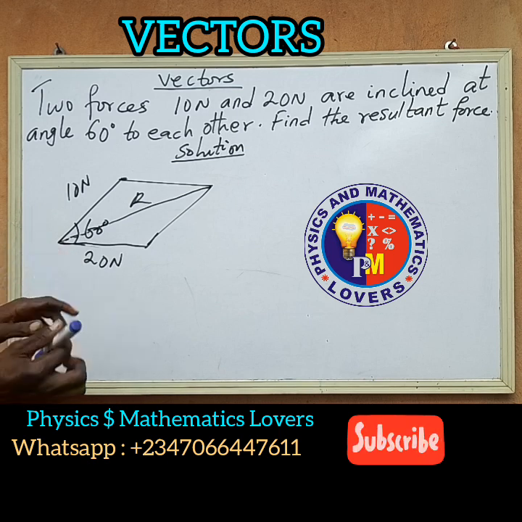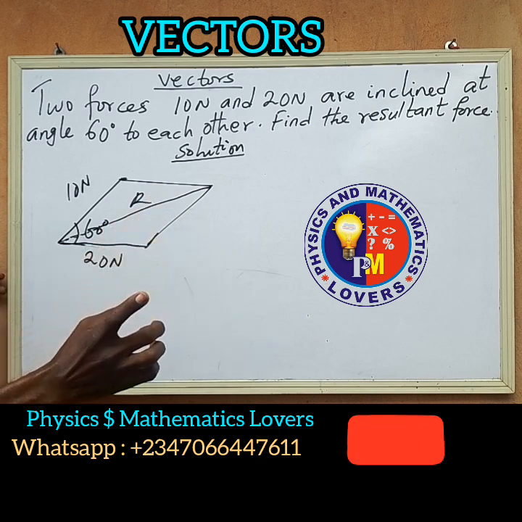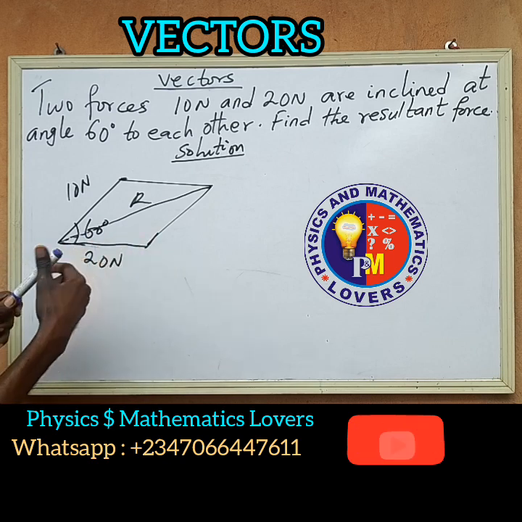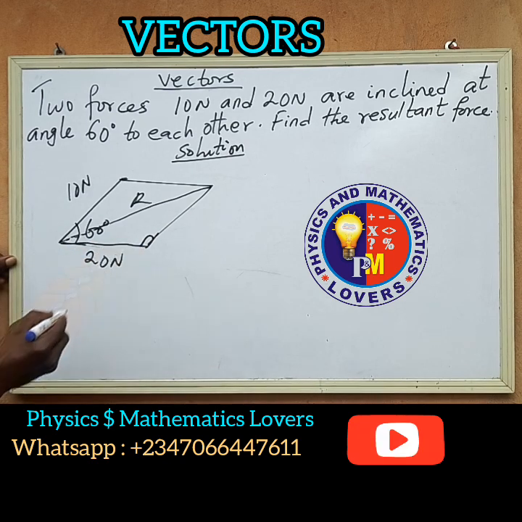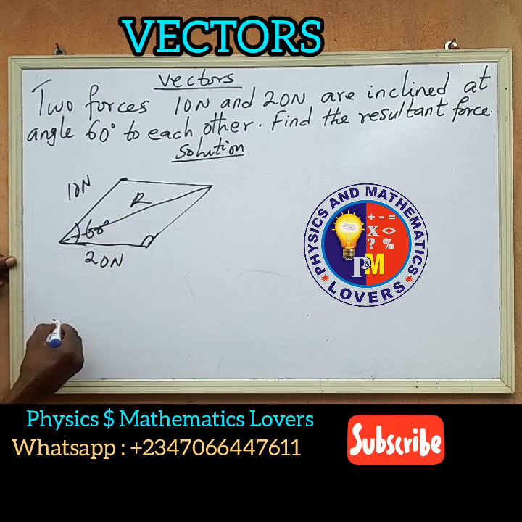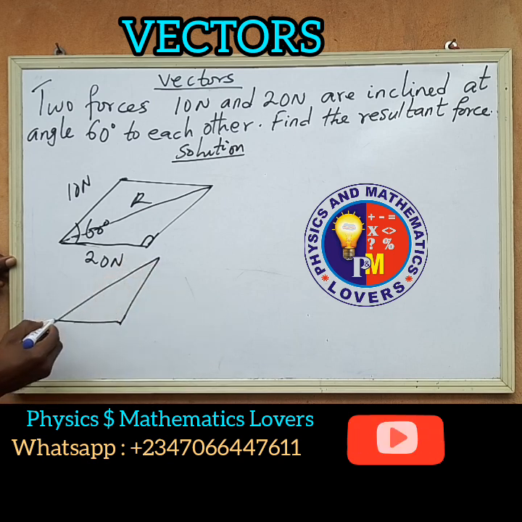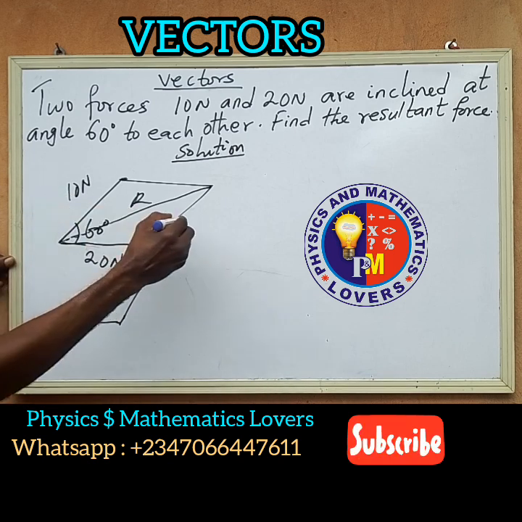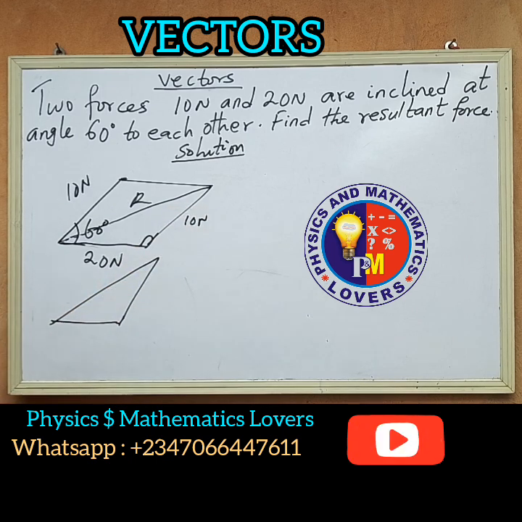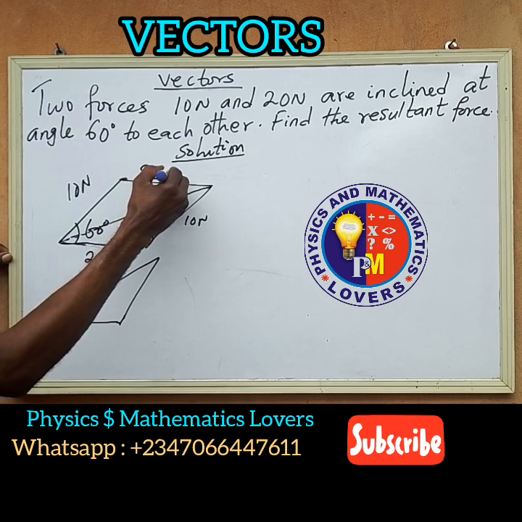Now, for us to resolve this, it's going to involve the cosine rule. Using the cosine rule, look at the triangle, we are going to need this angle. So we are going to have something like this. If this side is also equal to 10, because opposite sides of a parallelogram are equal and parallel, then this also is 20 Newton.